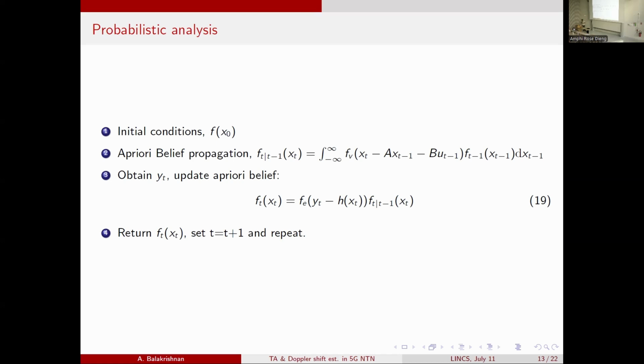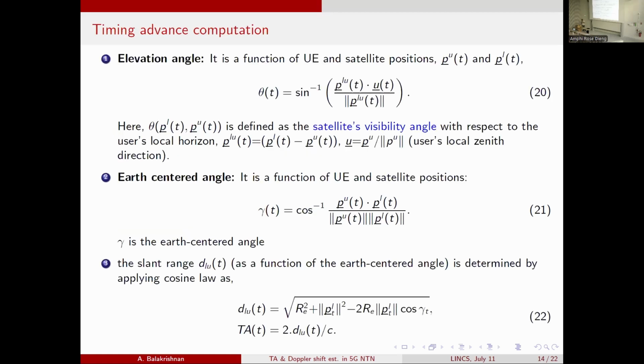And here we illustrate the probabilistic recursion which is happening. We see that the a priori belief is being updated at every time through this initial condition f of x0, which we had assumed, thus showing the inherent recursion in this step.